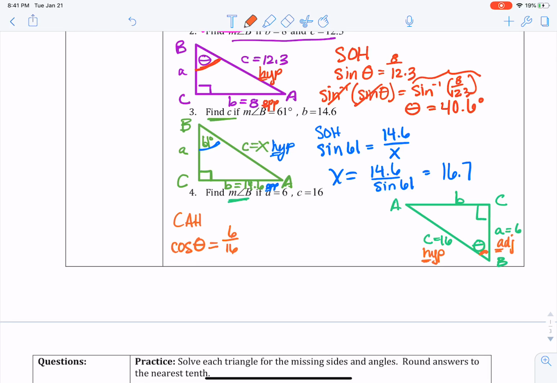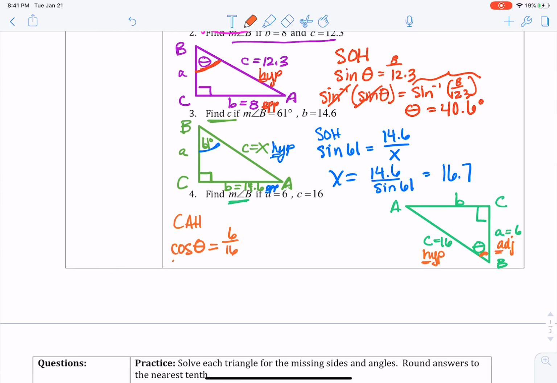So that means that I have to use inverse functions to get rid of cosine. So arc cosine of cosine theta equals arc cosine of 6 over 16.